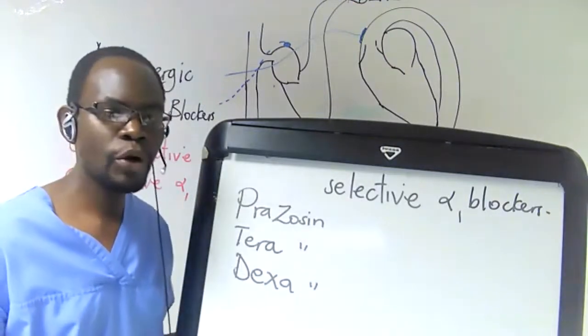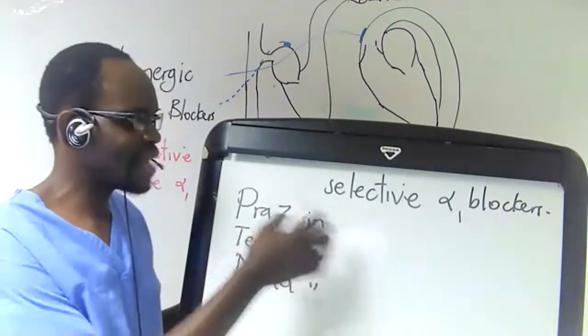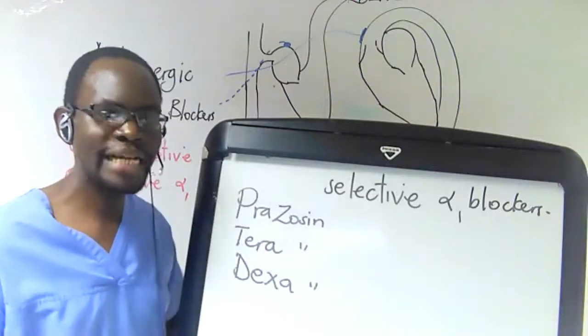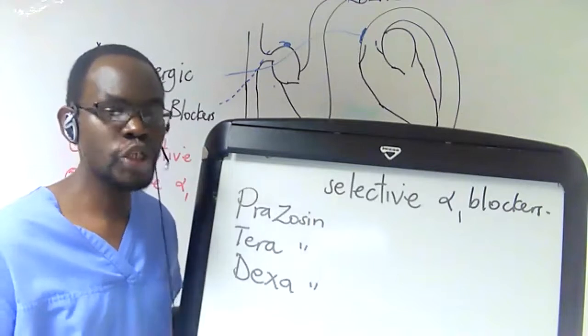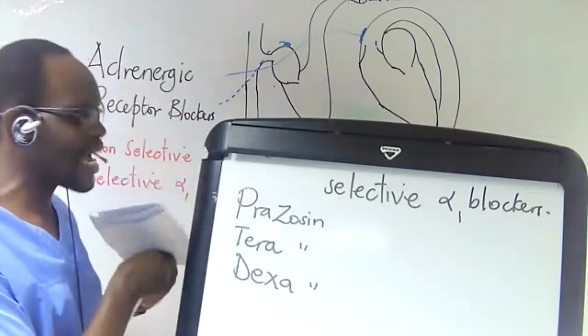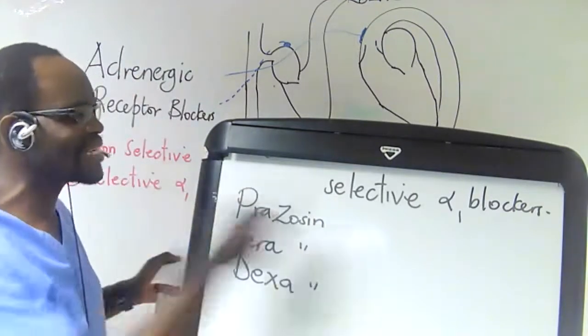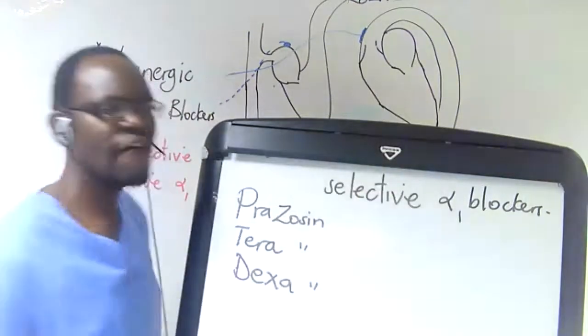because once they are blocked, they cause relaxation of the smooth muscles. So those are what we refer to as the selective alpha 1 blockers.